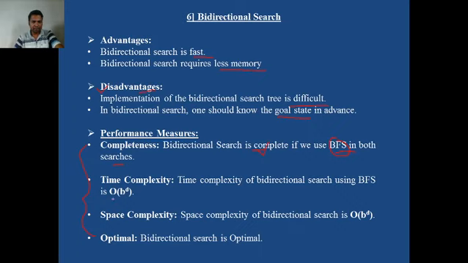Time complexity is the same, b raised to d, where b is the branching factor and d is the depth. Space complexity, same formula. Optimal, yes, bidirectional search is optimal. That means it will provide you a low cost solution.